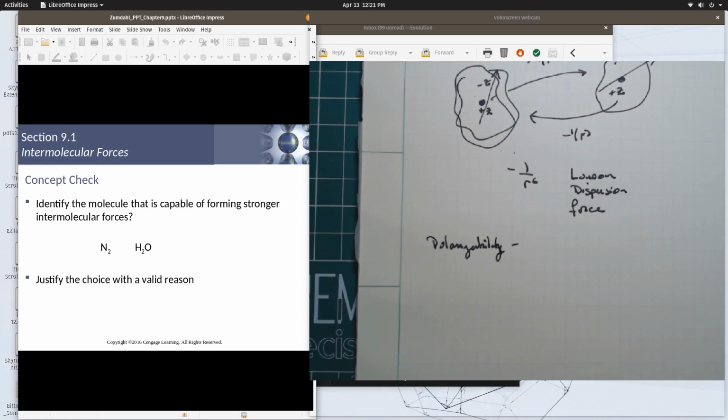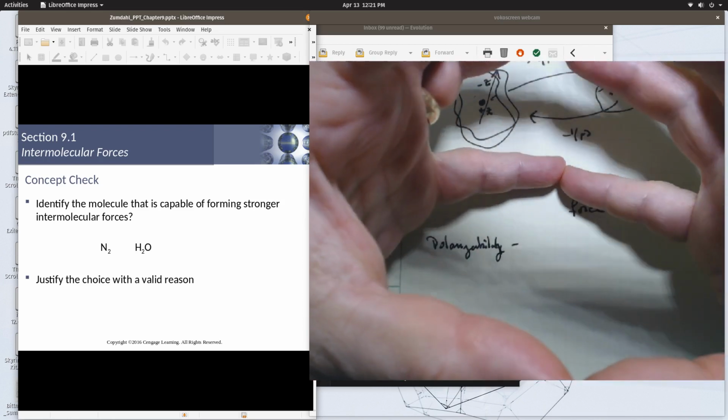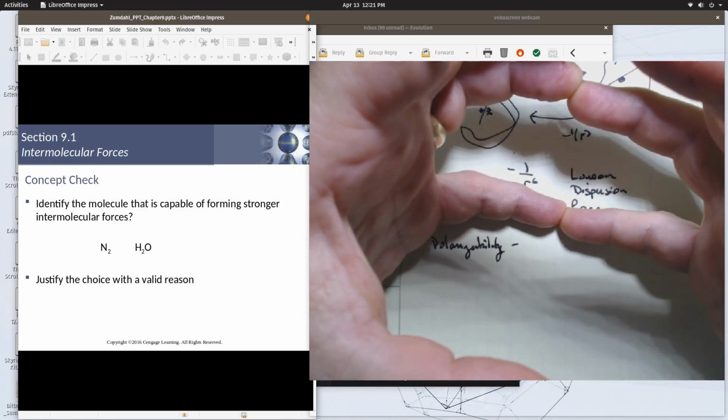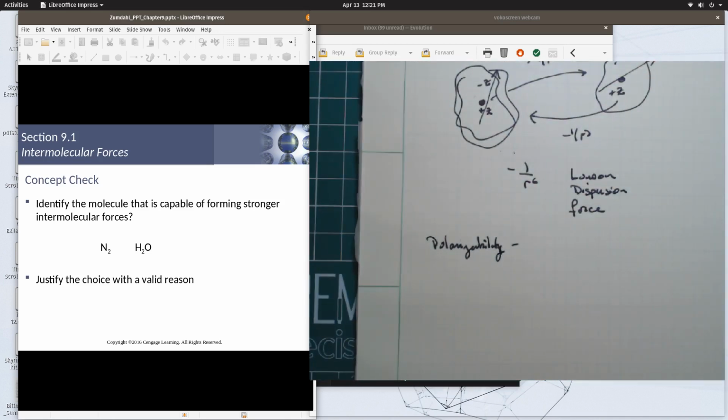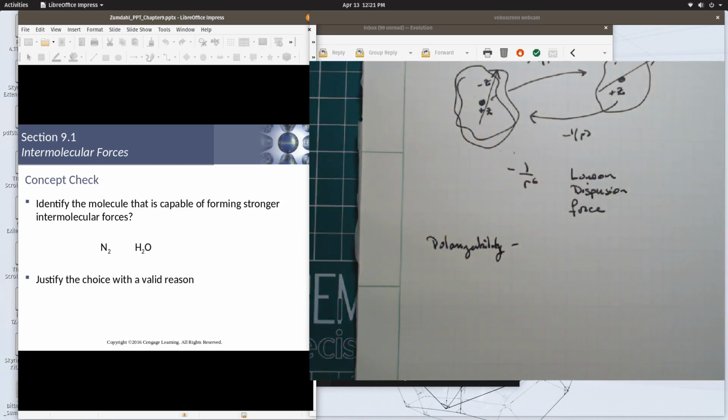Clearly, if you want to do this experiment, this volume right here is about 70% nitrogen at 300 degrees Kelvin and 1 atmosphere pressure, and that is mostly water with some coffee at a little more than 300 degrees Kelvin and 1 atmosphere pressure. And water is in the condensed phase. It's a liquid. Nitrogen is a gas. So clearly, nitrogen forms much, much weaker intermolecular forces than water.